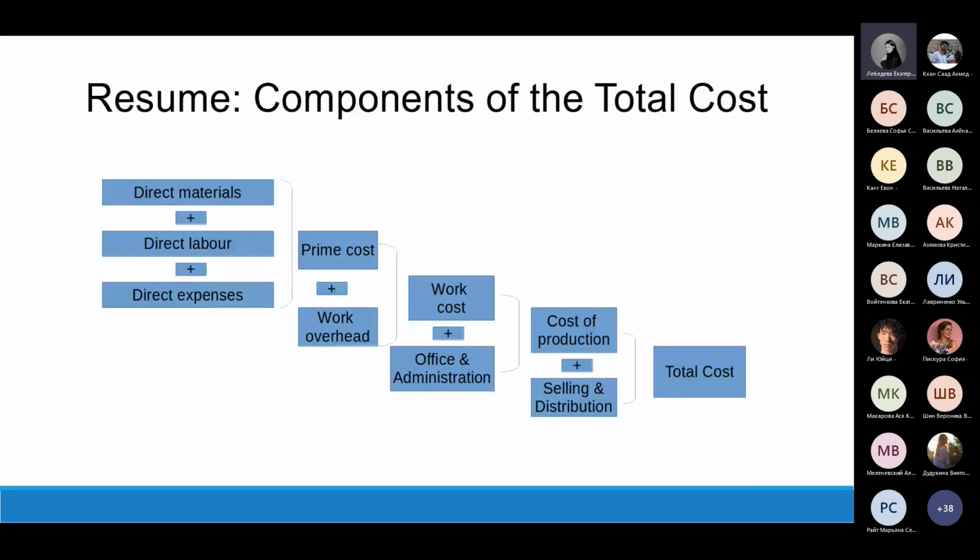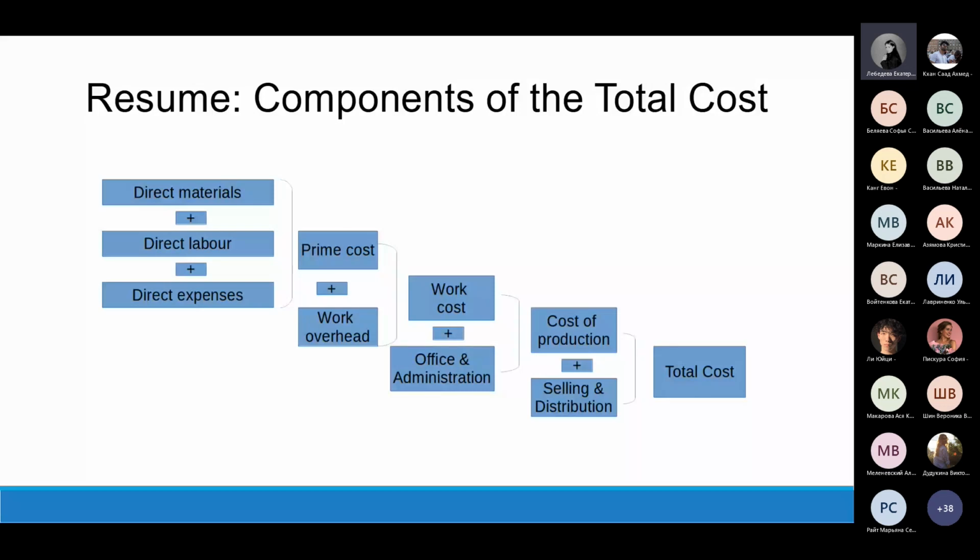So we have several steps in the calculation of the total cost, and of course each step should be managed very carefully in order to understand the correct value of the total cost, because cost is the basis of the pricing strategy of the company.